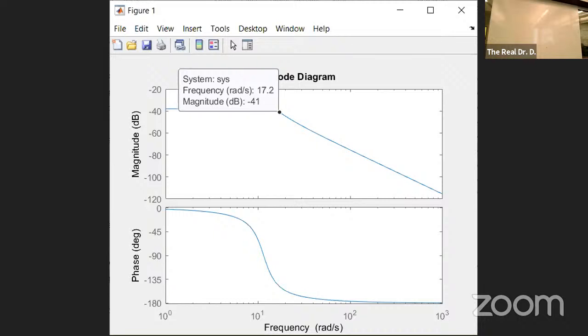The bandwidth, right? What if you didn't have MATLAB and you were just given a Bode plot? Somebody walks in, throws this Bode plot on the desk, says, tell me the bandwidth. You can estimate it. You can look at it and say, oh, that looks kind of like where 3 dB less would be, and you get in the ballpark, somewhere around here, but I would need to double check when I get back to my office and have access to a computer.